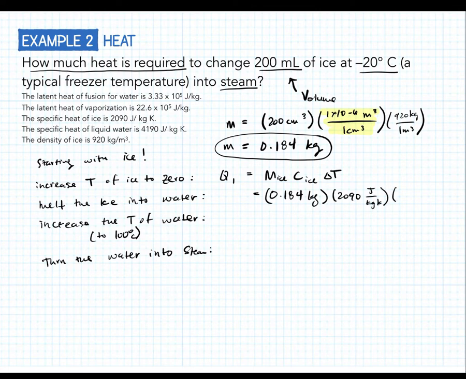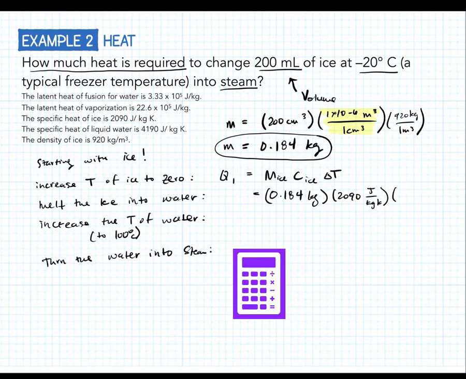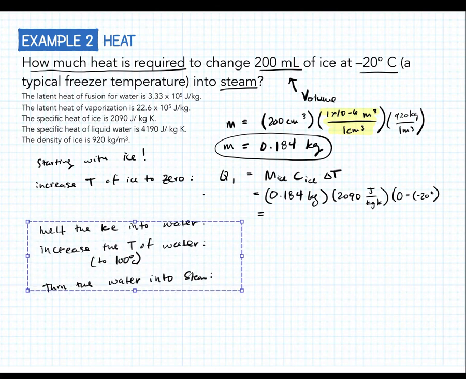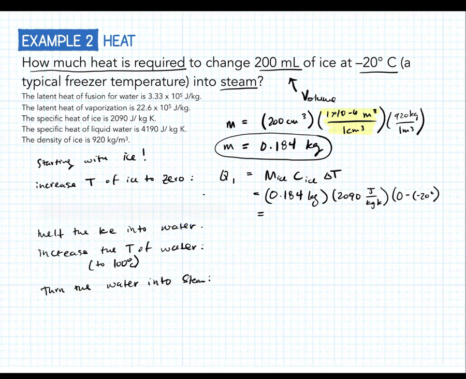And the change in temperature, final should be what? 0 minus negative 20. So that's 20 Kelvin. Okay, so 0 minus negative 20, positive 20. Which makes sense because you're heating up ice, which means you're putting heat in, and Q should be positive.